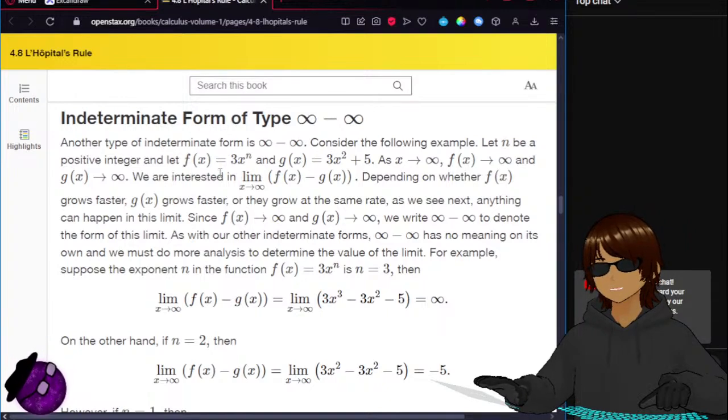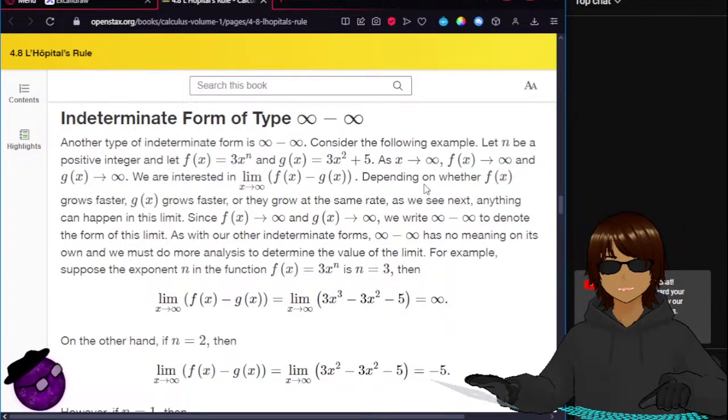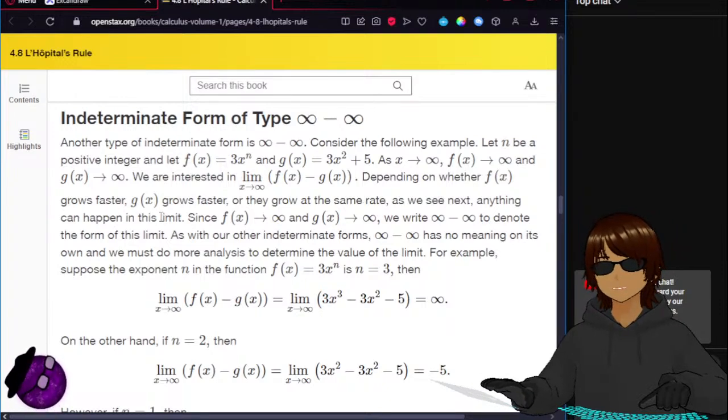We are interested in the limit as x approaches infinity of f of x minus g of x, depending on whether f of x grows faster, g of x grows faster, or they grow at the same rate. As we see next, anything can happen in this limit. Since f of x is approaching infinity and g of x is approaching infinity, we write infinity minus infinity to denote the form of this limit.